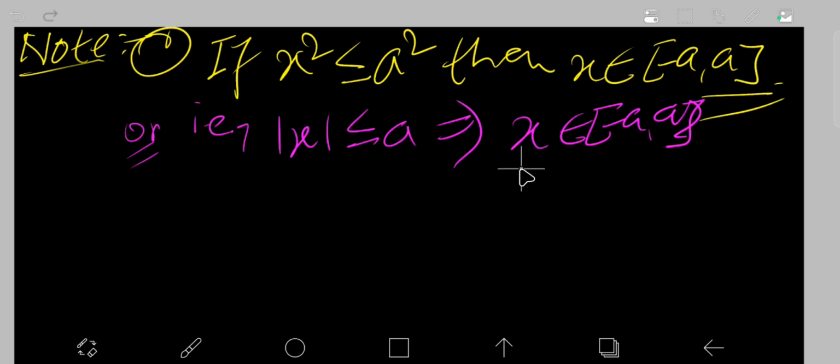This means x is greater than or equal to minus a and less than or equal to a.